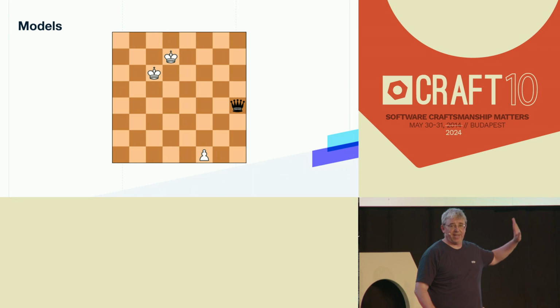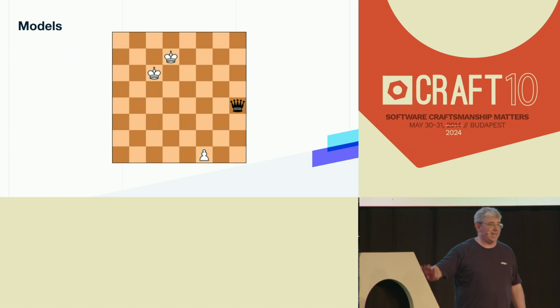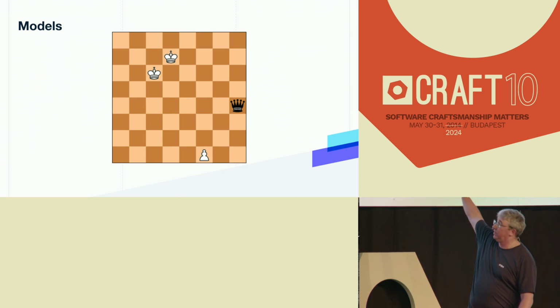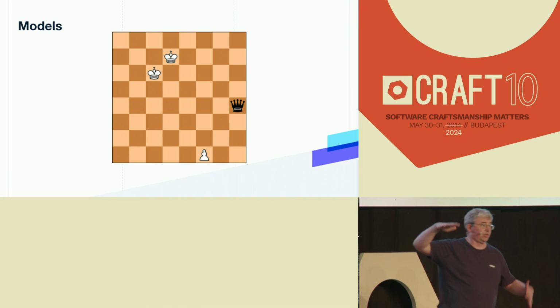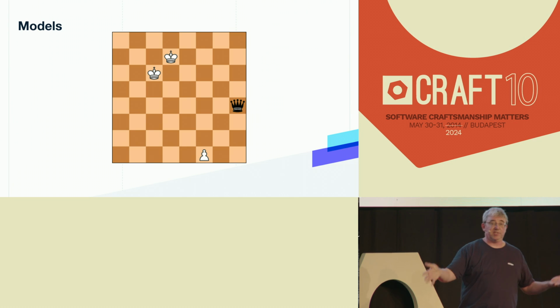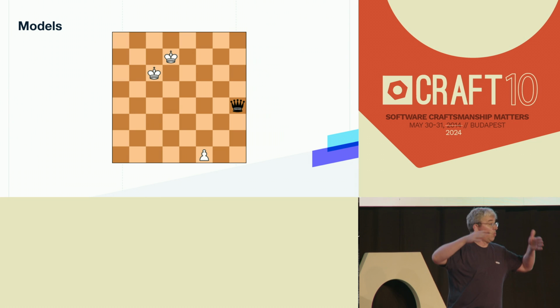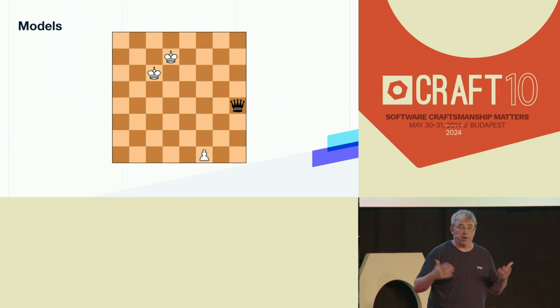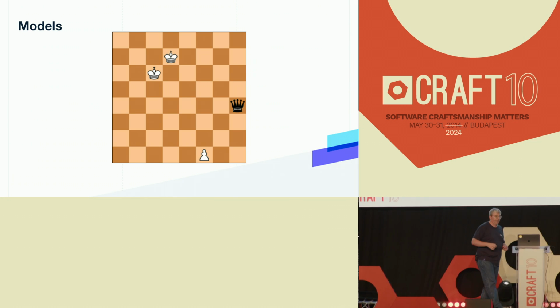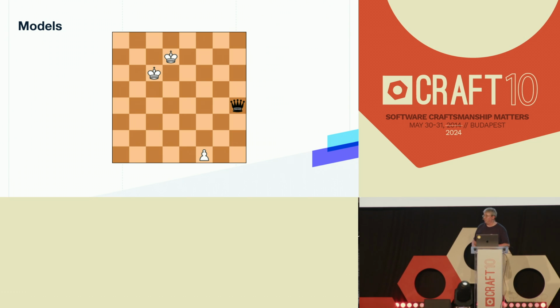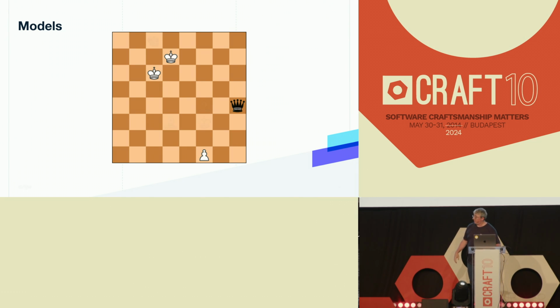The black player does not have enough kings. And there is a pawn on the very first row of the chessboard, which you can't have, right? So you could think of a model for chess as what configurations of a chessboard are actually possible to get into. And the stress here is going to be on possible, and we'll get to that a little bit later.